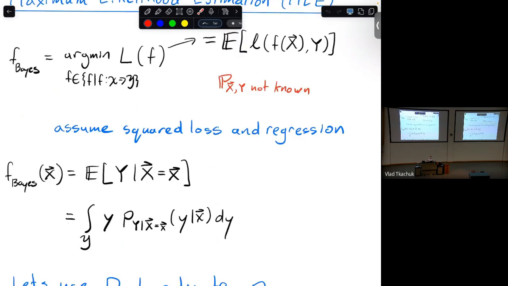That's what we were trying to do, and it turns out there's a deep research field, a topic called density estimation, and one of the ways to do this is maximum likelihood estimation.